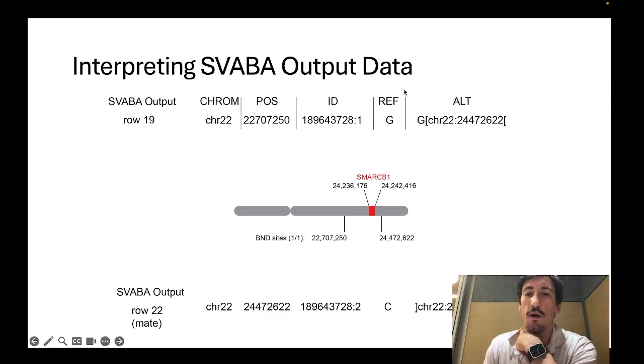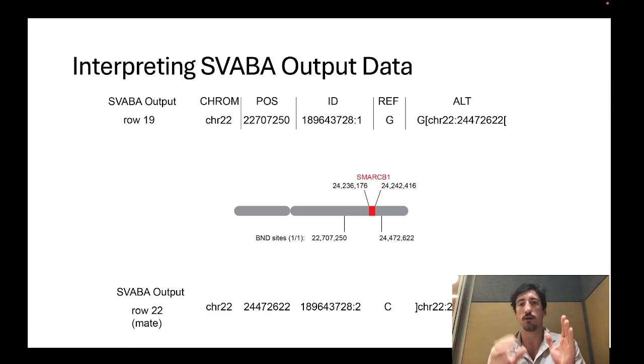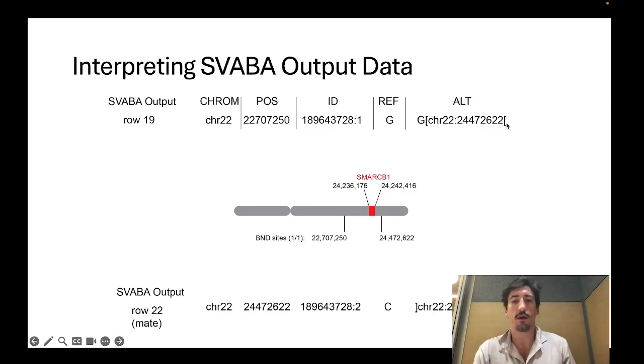Walking through what these brackets mean, this is showing that at this G nucleotide, the bracket shows where the break end is directionally going. Where the little pointy bits are pointing is where that break end is pointing towards. So this G is suddenly aligning to this particular region here, and that's the directionality of that breakpoint.